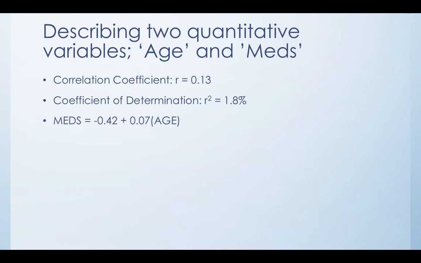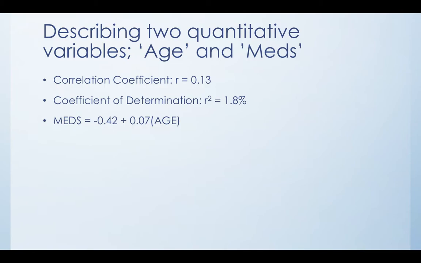As it gets closer to 1 or -1, it indicates that a linear relationship does exist. Now, a positive 0.8 and a negative 0.8 indicate the same strength of the relationship. It just indicates a different direction of relationship. So if it's negative, as one goes up, the other goes down. If it's a positive relationship, as one goes up, the other one goes up. Just not much going on here with age and meds.